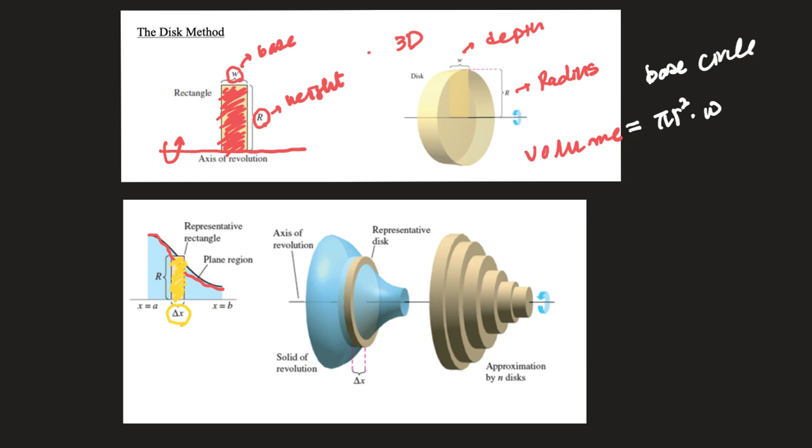We rotate it about this axis of revolution, and this area changes into a 3D object. This rectangle changes into a disk. You put all of these together to make the volume of this 3D object. That's how we calculate the volume.